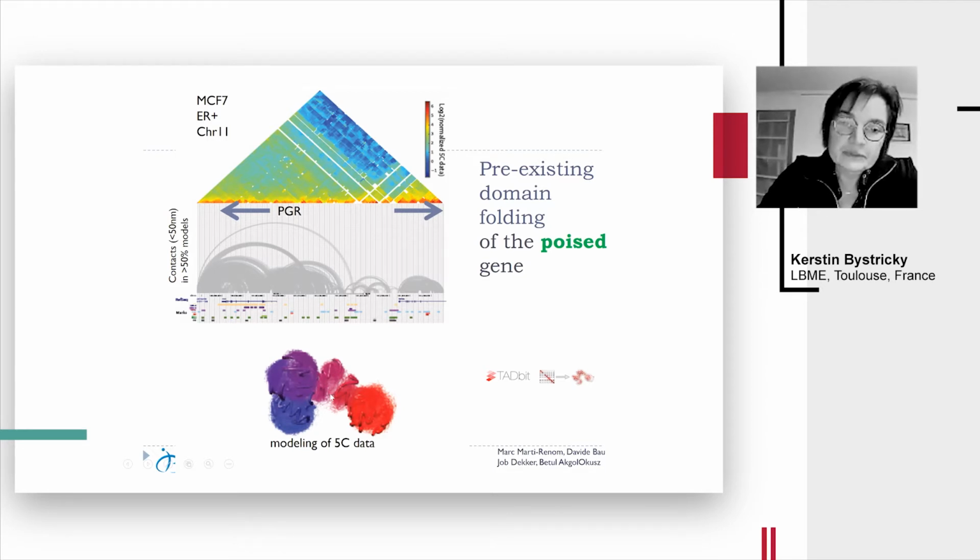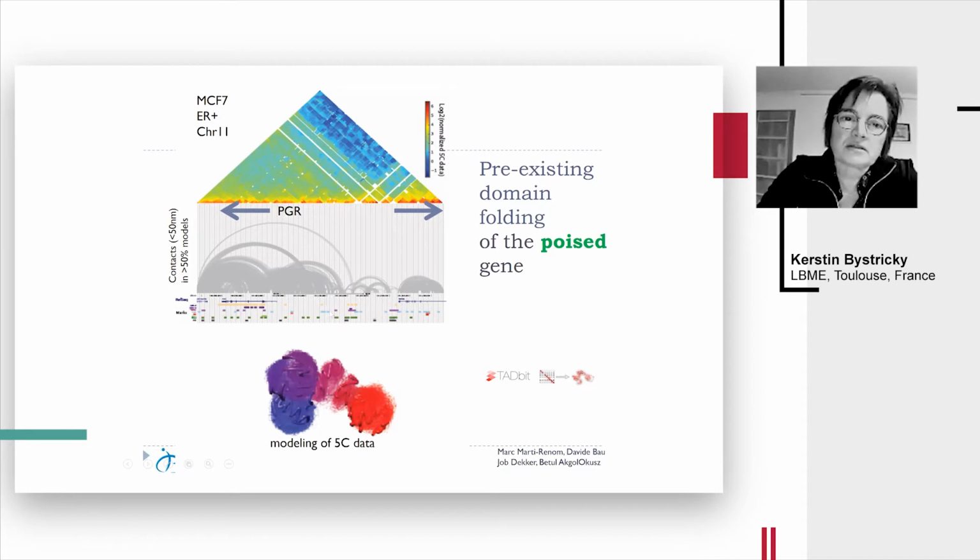The models enable you to deduce artificial distances. It depends on the parameters, of course, that you input, but let's stick with one set of models. And here you have the arches that represent contacts that are less than 50 nanometers based on these models, in at least 50% of cells.